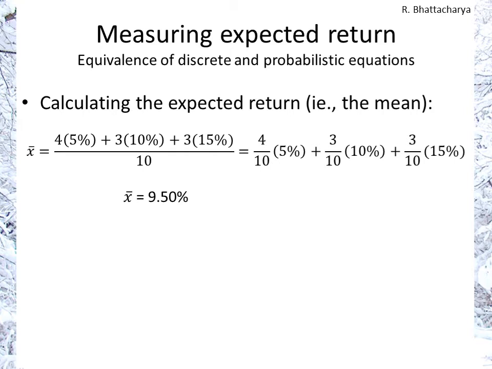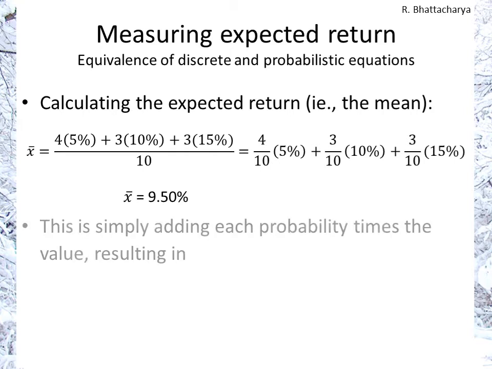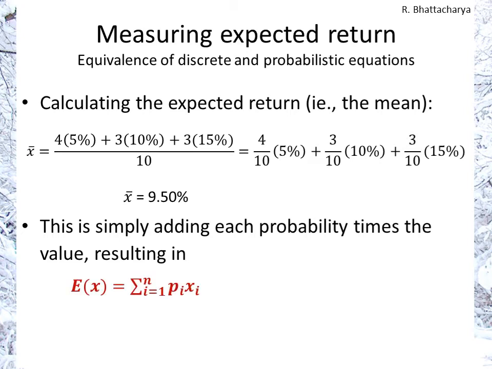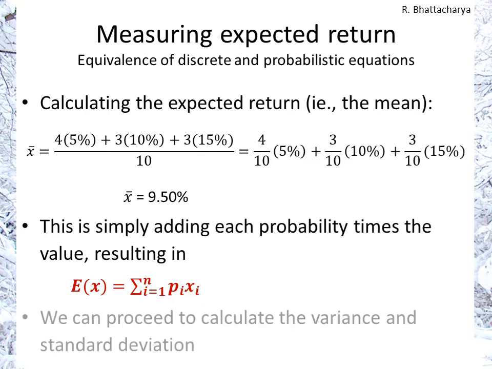As you can see, the 4/10, 3/10, and 3/10 here are basically the probabilities of each of those values, 5, 10, and 15, in the top table of the previous slide. So you can see that our result is exactly this form, where expected value is just those 3 probabilities times the values of those probabilities. So now we can look at the variance and the standard deviation and compare those as well.